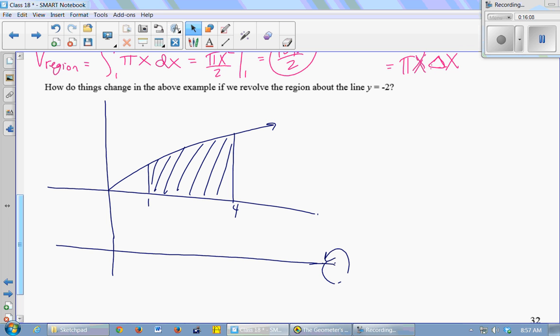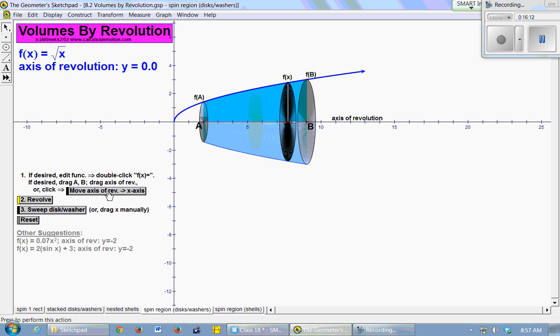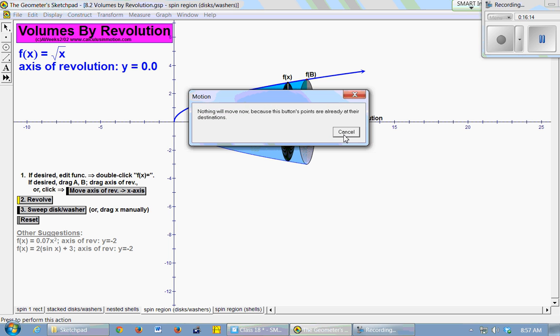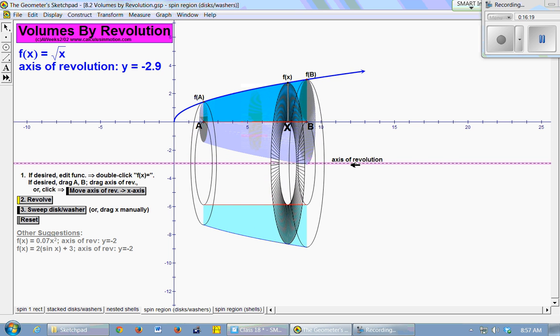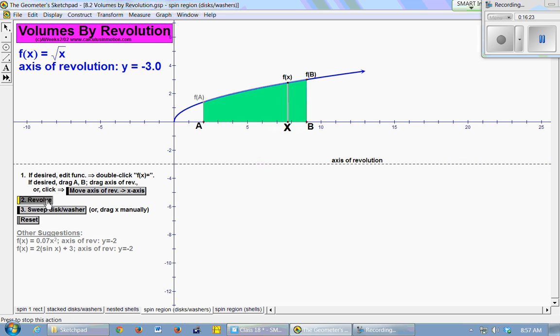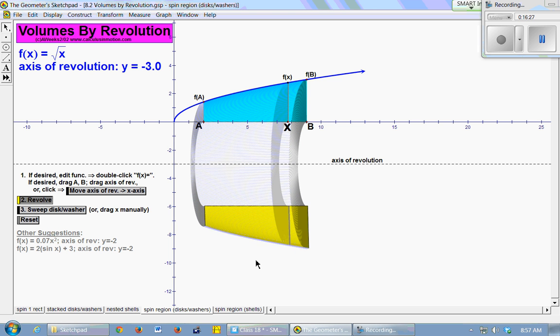So let's look at what the solid will look like when I move this axis of revolution. So it goes behind, and then now it's in front of the axis.